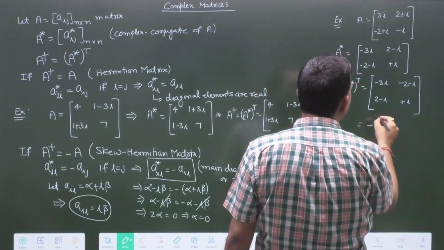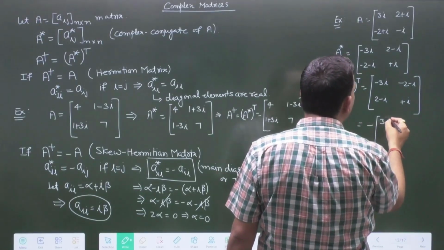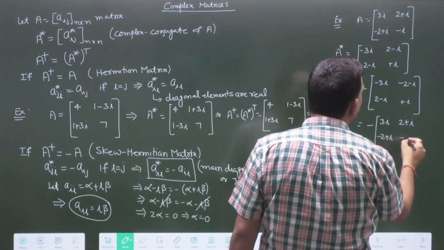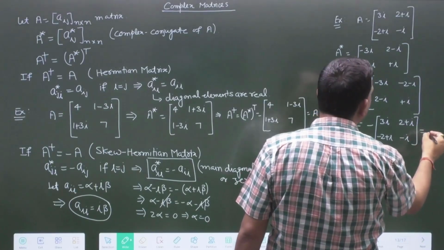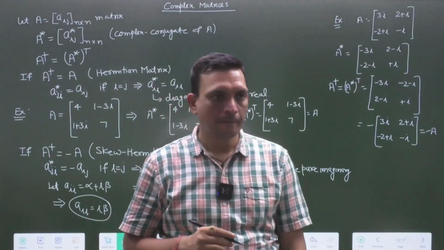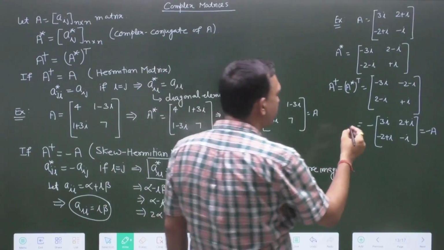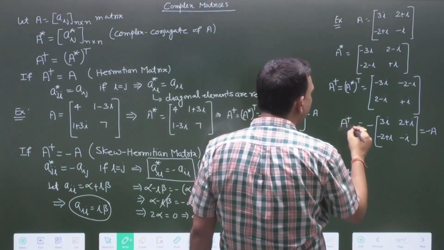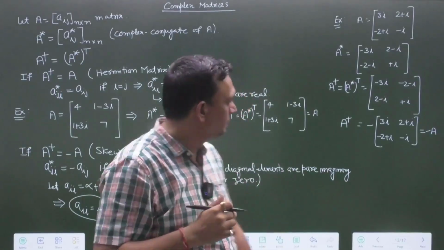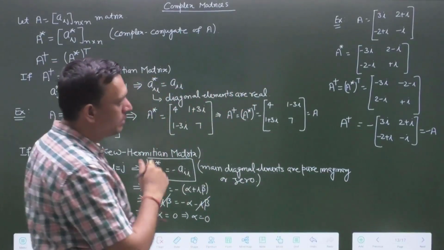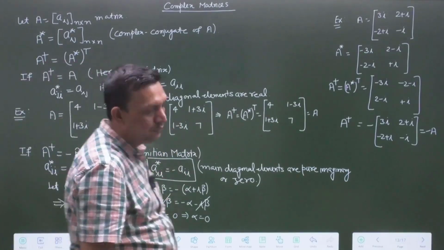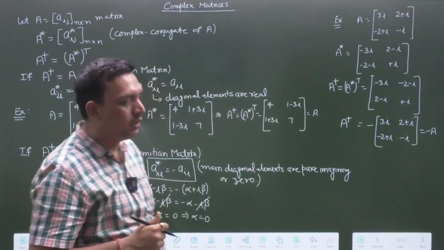A dagger is the complex conjugate transpose: minus 3 iota, minus 2 minus iota, 2 minus iota, plus iota. If you take minus common, you get 3 iota, 2 plus iota, minus 2 plus iota, minus iota, and that is minus of A. So you can easily check this condition. Whenever A dagger is minus of A, that is a skew Hermitian matrix. When A dagger is A, that is Hermitian. When it is minus A, it is skew Hermitian.